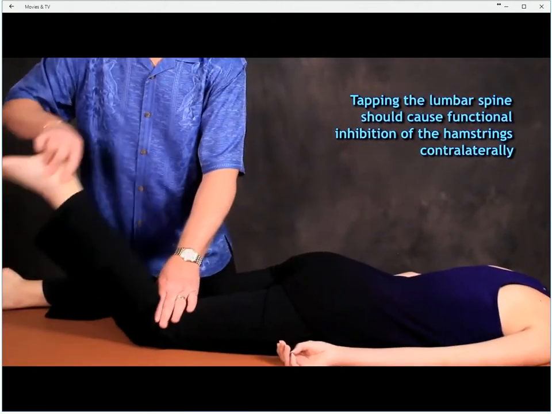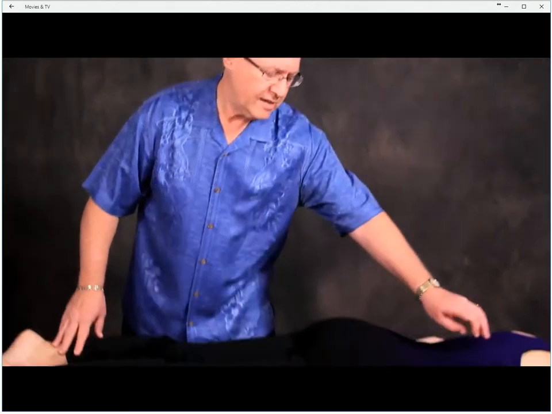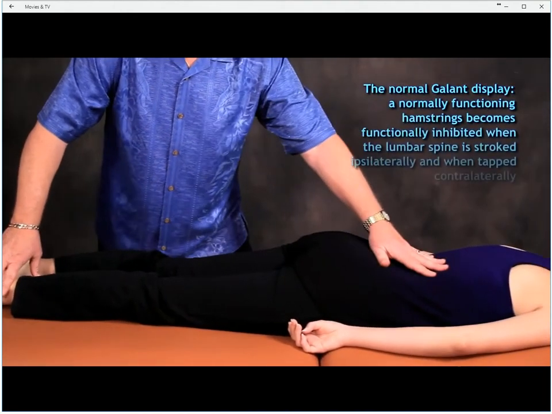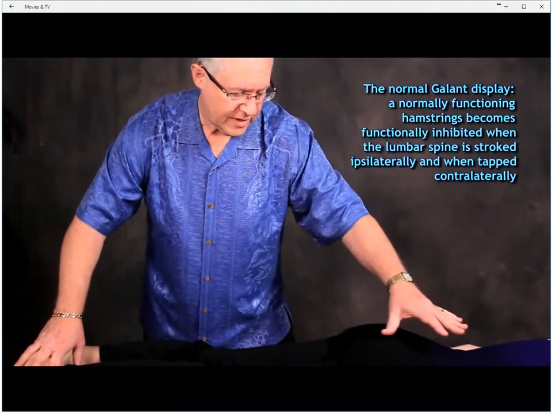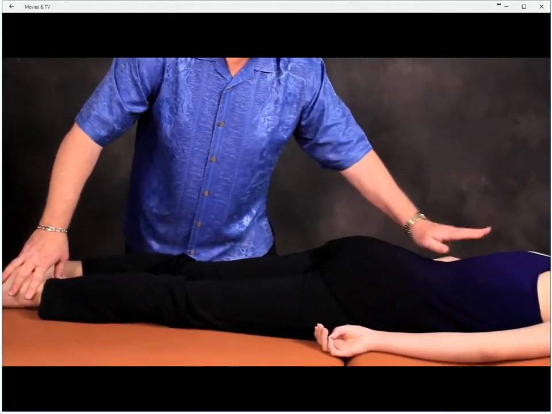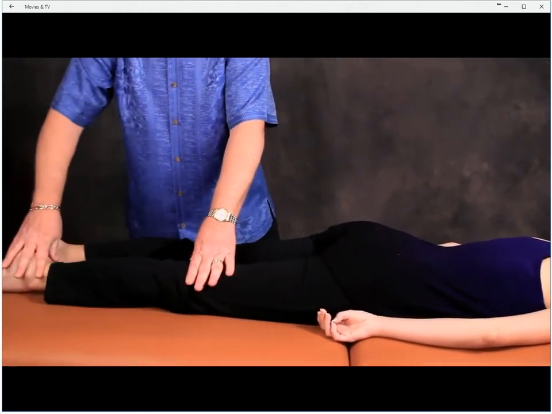So we were both right. It should cause inhibition, but on the opposite side to stimulation. Stimulation of the lumbar spine on the right with a stroking should cause inhibition of that hamstring, but tapping the lumbar spine contralateral to the hamstring should cause inhibition. This is the normal response.